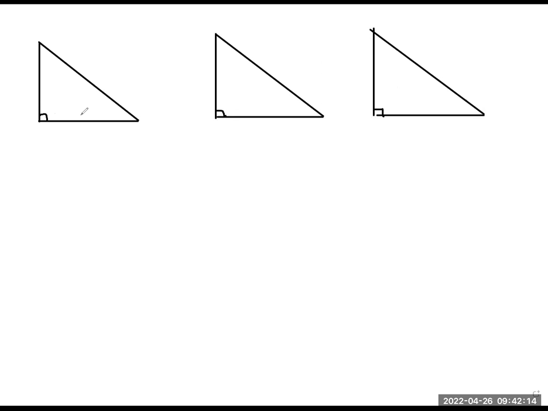Okay, if I am given this angle, and this angle, and this angle, you automatically know that this is going to be your opposite side. You also know by default, this is going to be your hypotenuse.